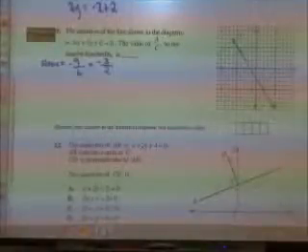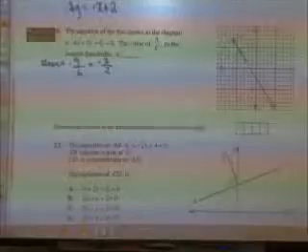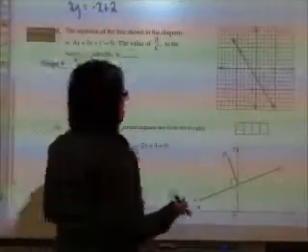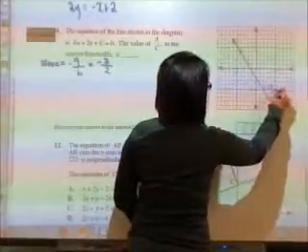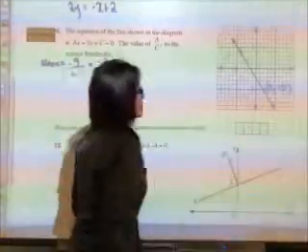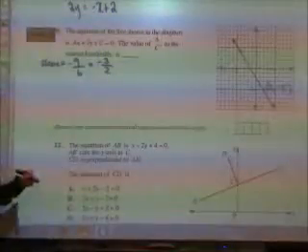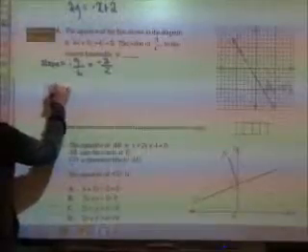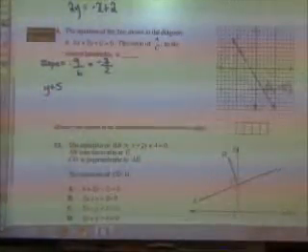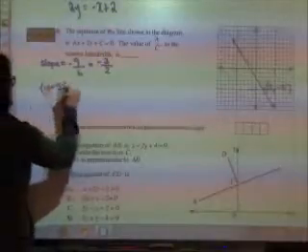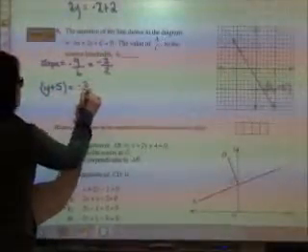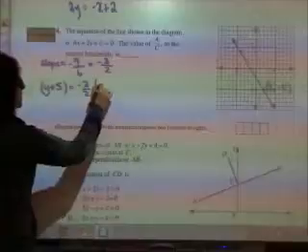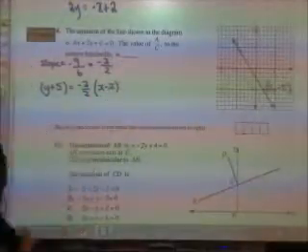Now I can use my point-slope form by picking one of those 2 points. If I pick this one, I've got the points 2 and negative 5. So y minus y1 becomes y minus negative 5, which is y plus 5, equals negative 3/2 times x minus 2.